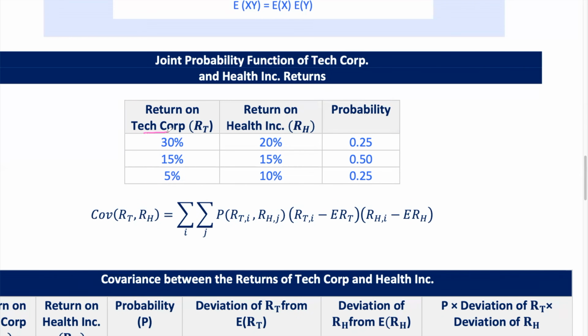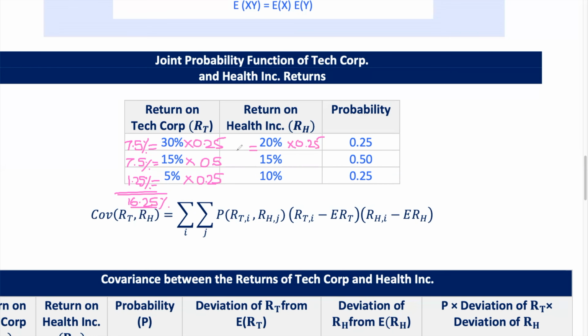First up, we need to calculate the expected return for each stock using these joint probabilities. We will multiply these probabilities with each stock's expected returns. The expected return on Tech Corporation stock is 16.25%. This is how we'll get to this value.